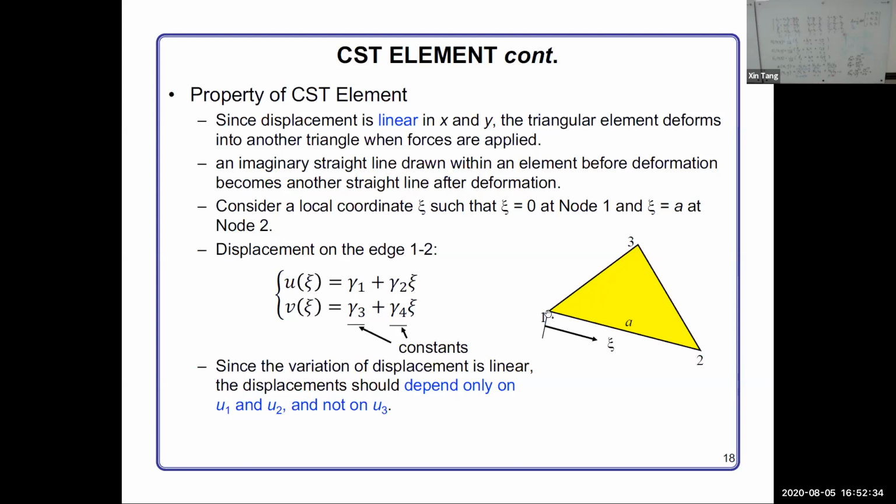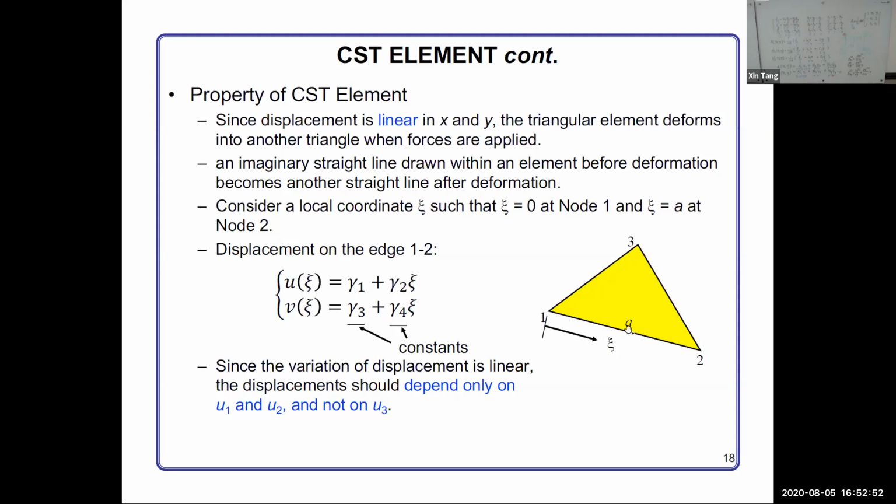In other words, either the U or V displacement around this line only depends on the U and V displacement of point 1 and point 2. It has nothing to do with point 3.